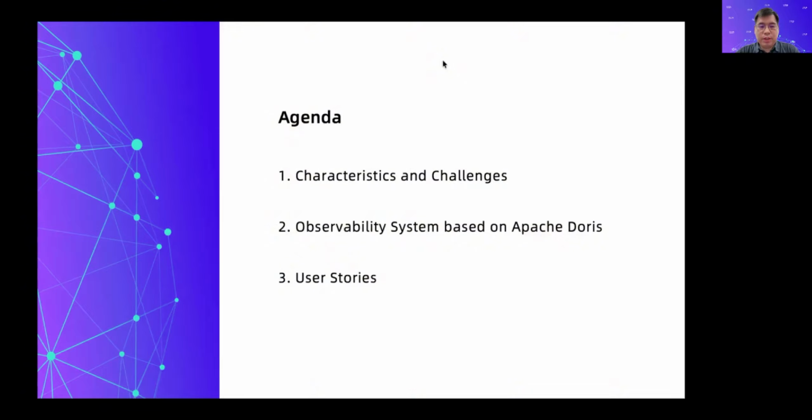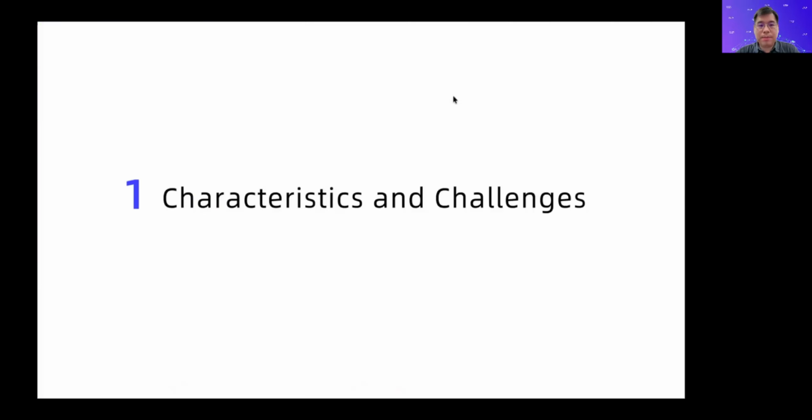I will talk about the characteristics and challenges of the observability use case. And then we will explore the architecture and technologies of the observability systems based on Doris. And at last, I will share some successful user stories from different industries.